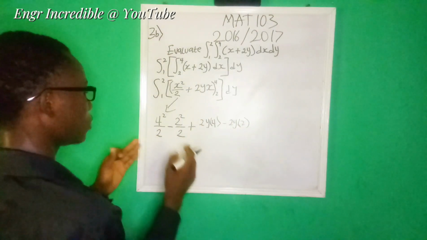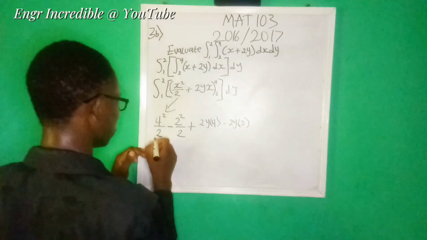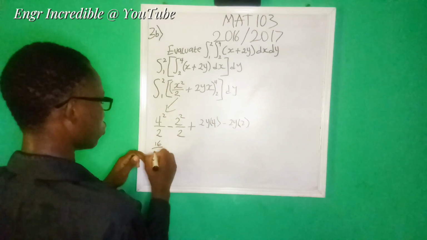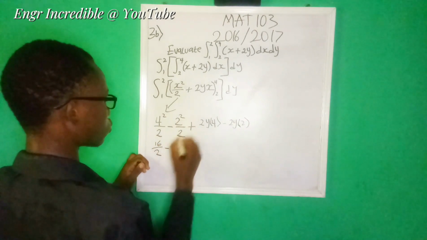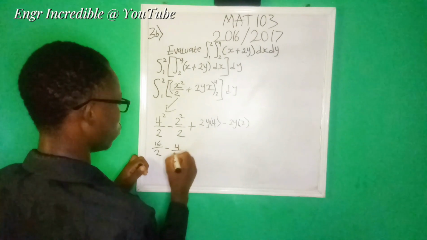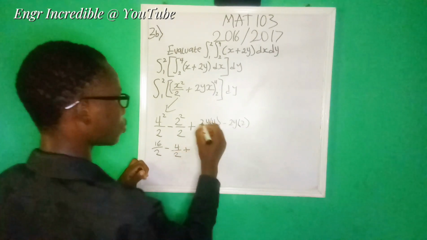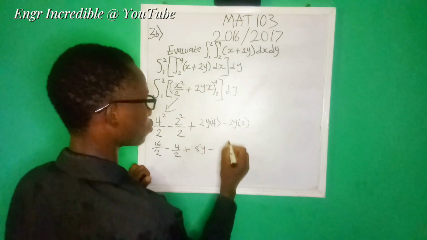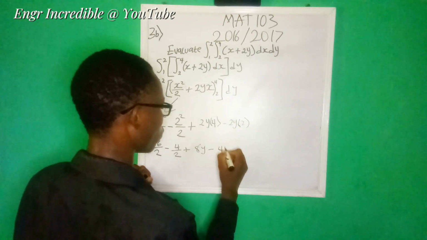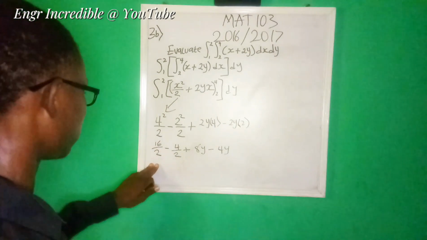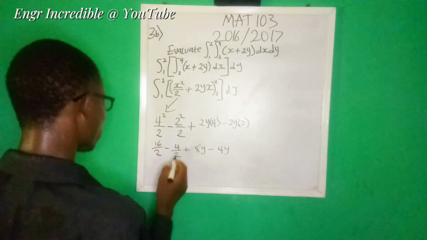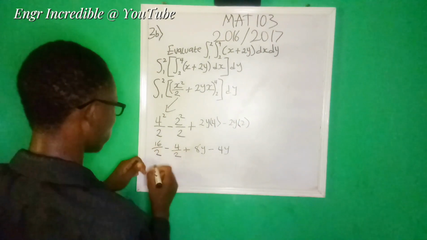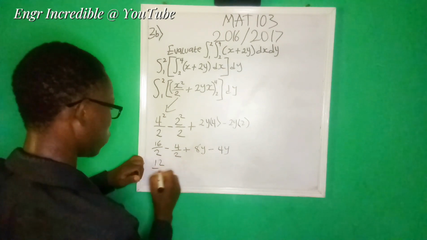Then when we simplify, 4 squared is 16 over 2 minus 2 squared, which is 4 over 2, plus 2 times 4, we have plus 8y minus 4y. Finally simplifying, we have 16 minus 4, which is 12, over 2.